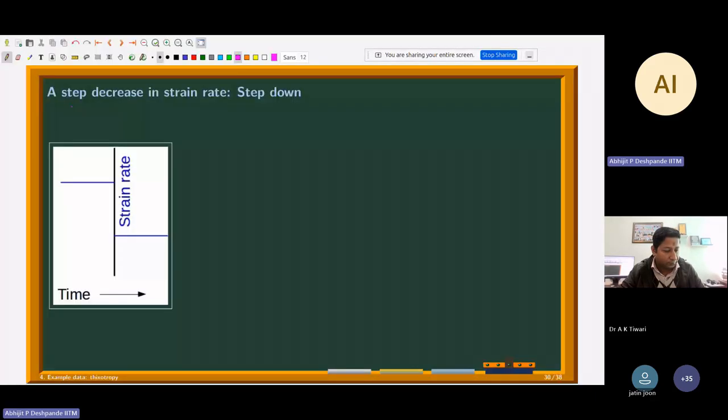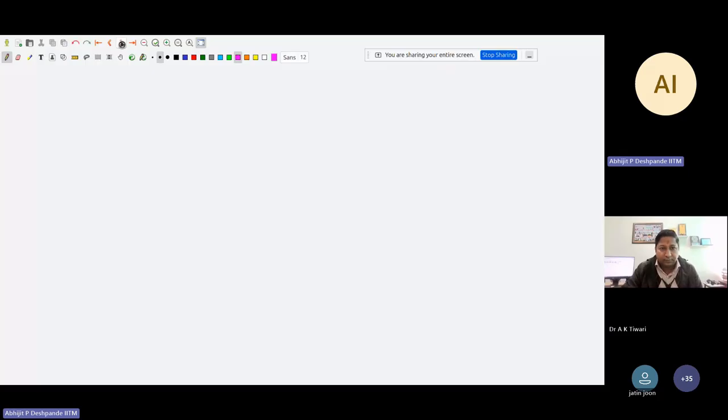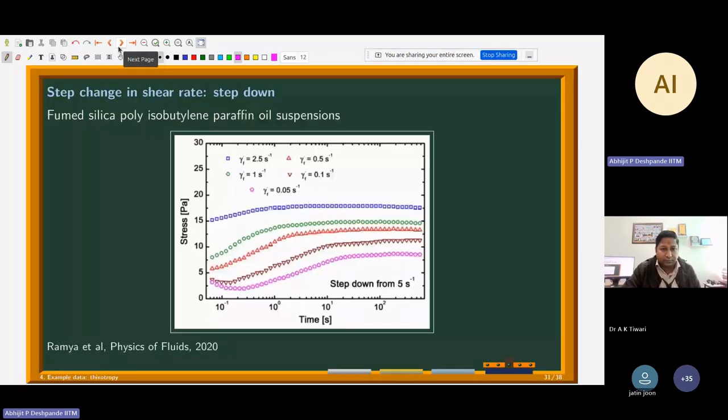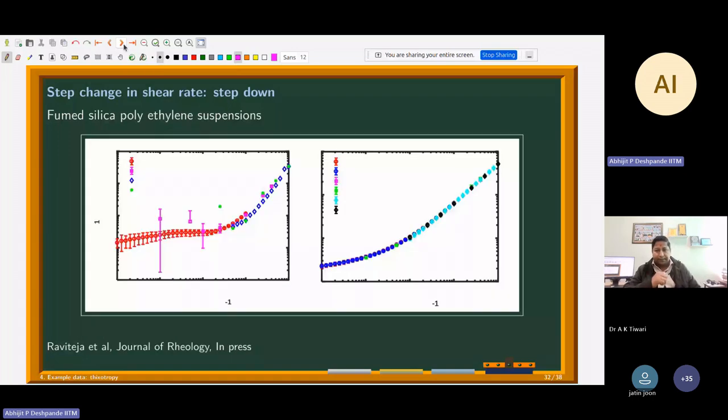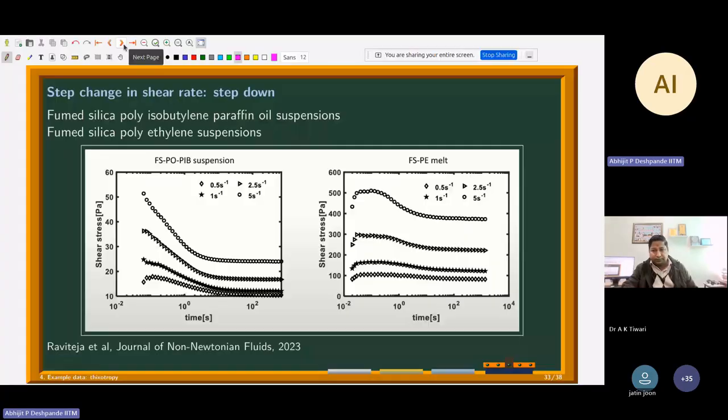A similar thought process can be used for step down, but I'll skip that. I'll also show you results which are for step up and step down. And this is what you can see, that when a step down is concerned, then you have an increase and decrease, and this is different for two different material systems.